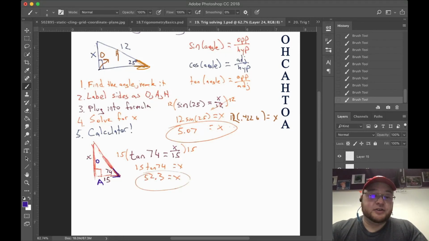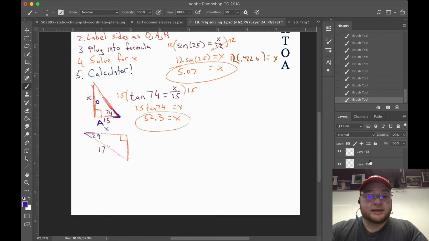Lastly, do the same thing. This is our angle we start off with. This x is next to it, but it's not across the right angle, so that makes it the adjacent side. And this is across from the right angle, which makes it the hypotenuse.